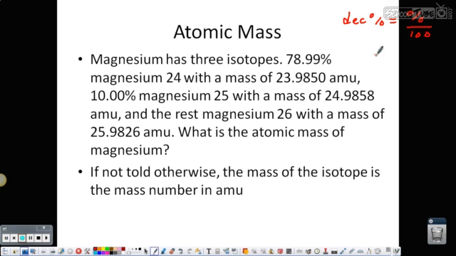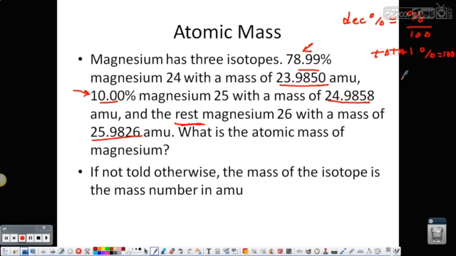The other thing is the total percent has to equal 100. If you're given 2 of them and it doesn't tell you the third one, because I have 3 masses, look, 1, 2, 3 masses, I have to have 3 percentages, and I only have 2 percentages, here and here. So I've got to figure out the other percentage.